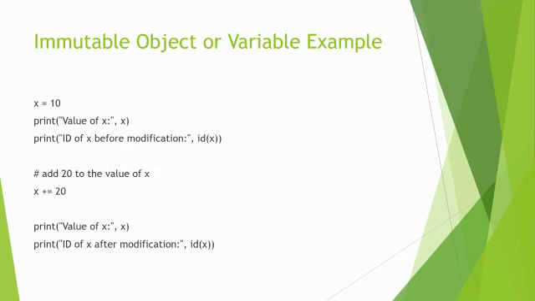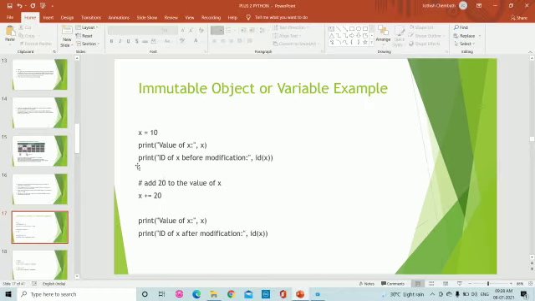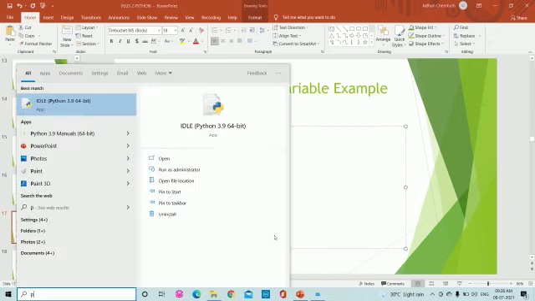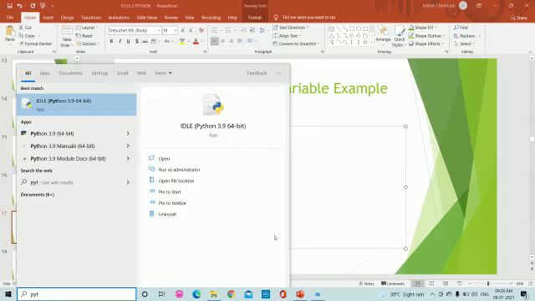Now let's see the program for an immutable object or variable example. I'll show you the execution. Here, x equals 10. I am just copying this and running it in Python so that you understand better.